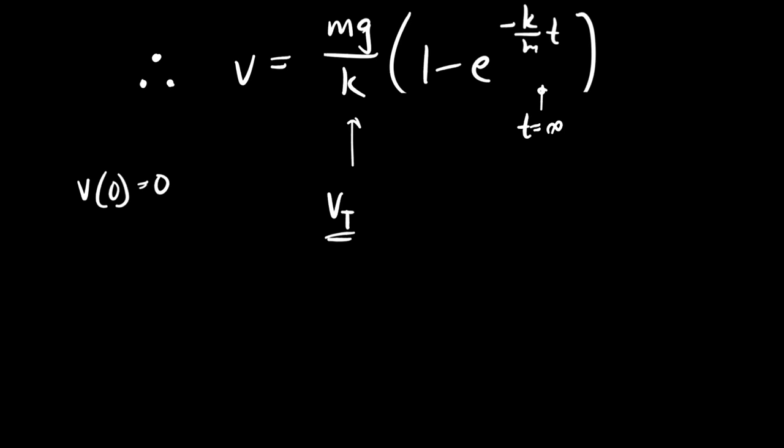Well, that's important for a number of reasons. Look at what this tells us. At infinity, the velocity becomes the terminal velocity. Right? Because that term goes to 0. 1 minus 0 is 1, and we get the terminal velocity. I know you guys tend to think that infinity is a big number. It's not. Infinity is just big relative to the other variables.